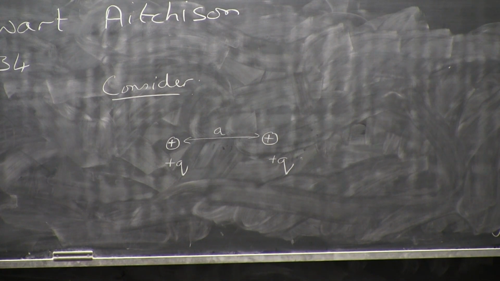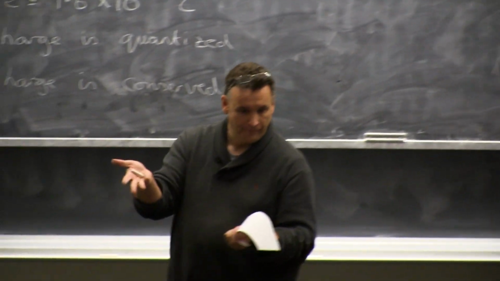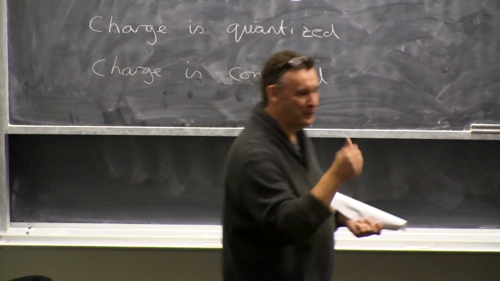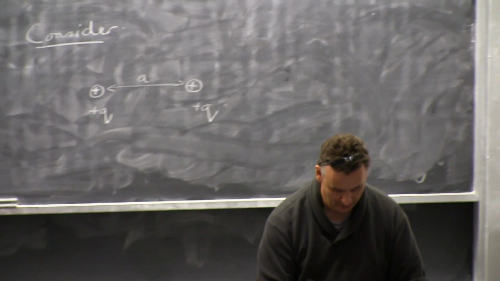What early experiments were able to note is if the charges were the same, positive or negative, the force between those charges was repulsion. I know you know this stuff. The force is away from each other.